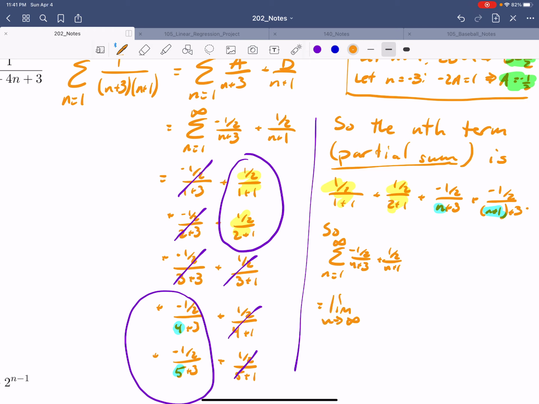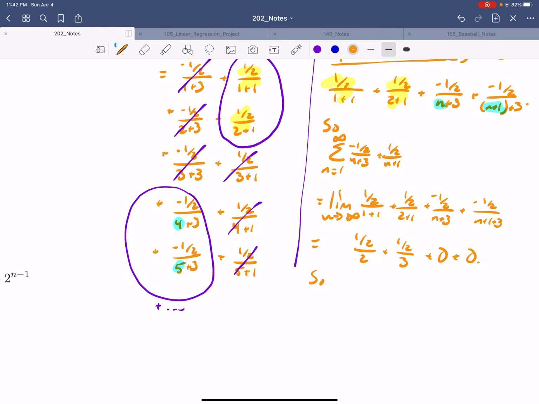As n approaches infinity of 1/2 over 1 plus 1 plus 1/2 over 2 plus 1 plus negative 1/2 over n plus 3 plus negative 1/2 over n plus 1 plus 3. And I think we see what happens when we take the limit as n approaches infinity. We get 1/2 over 2 plus 1/2 over 3 plus 0 plus 0.